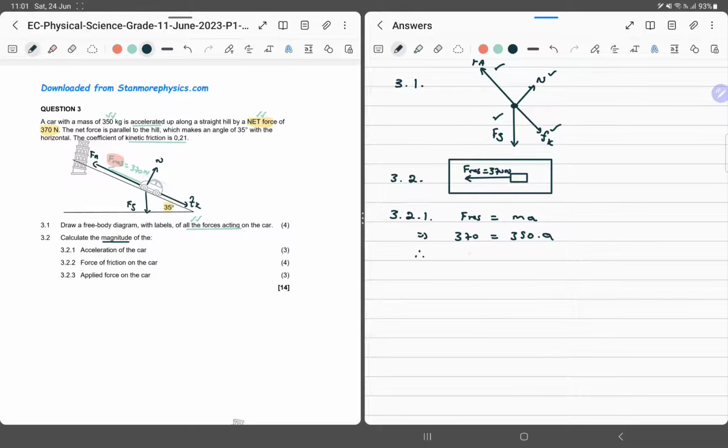Therefore, our a is going to be 370 divided by 350. So let's do this. So this is 370 divided by 350. So I'm getting, to 2 decimal places, 1.06 meters per second squared.